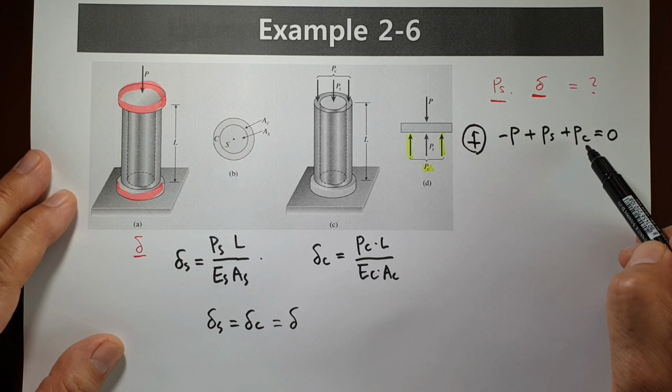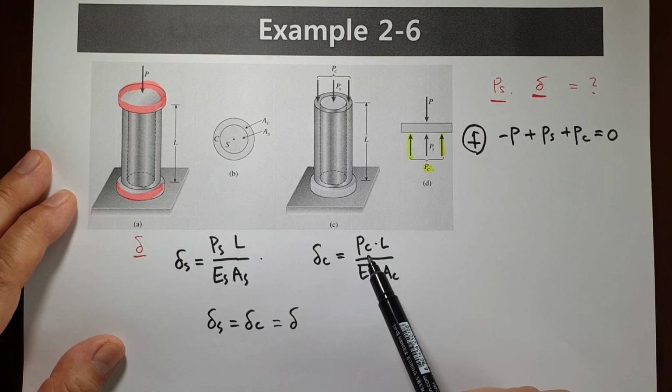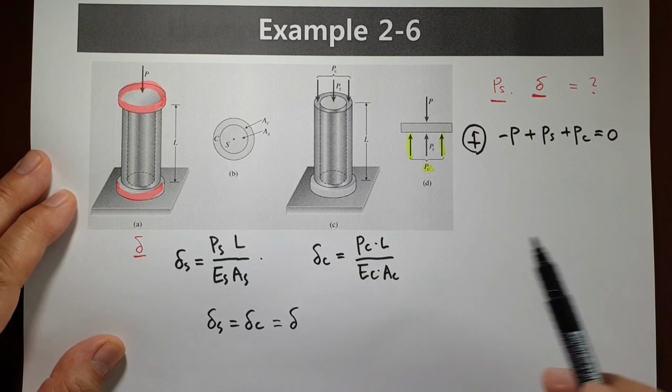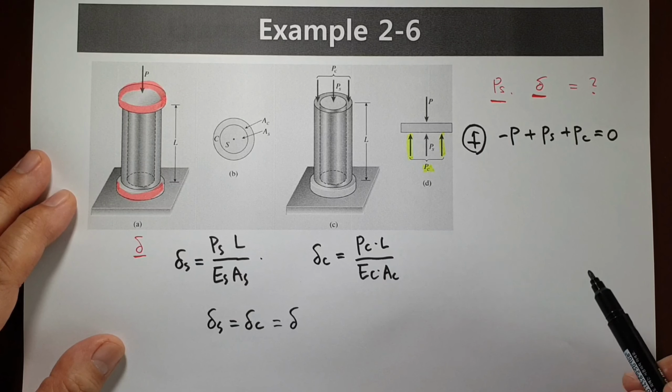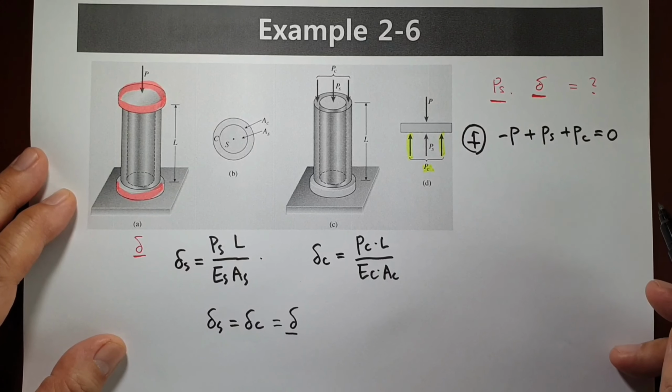Okay. Then PC and PS, if it is substituted there, you can finally find the delta value and PS value as well.